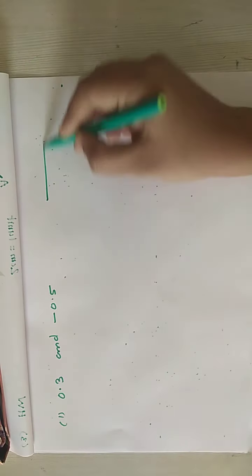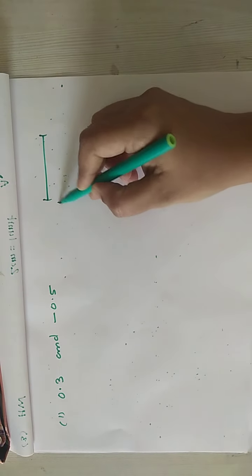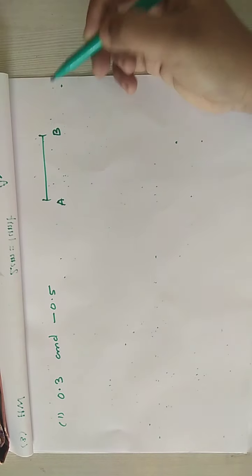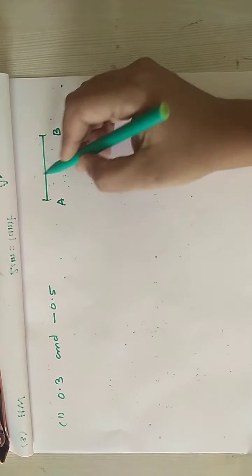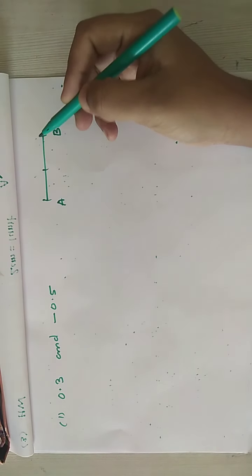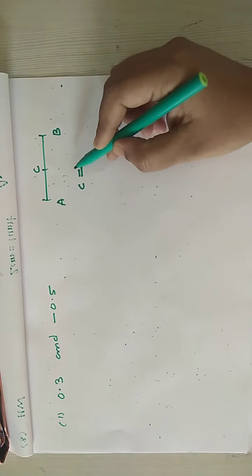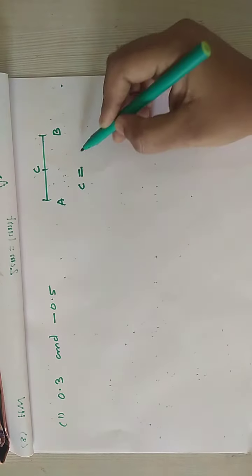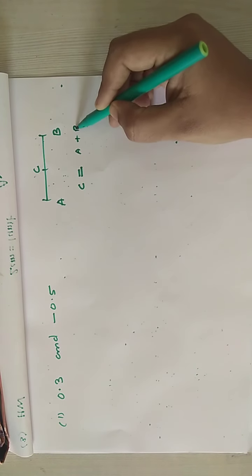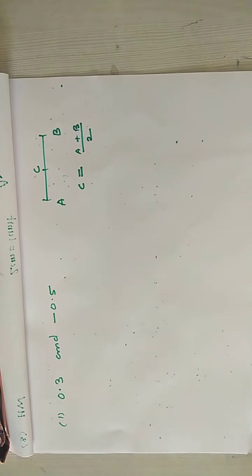Midpoint theorem logic is, if you have 2 points A and B, any 2 points A and B on the number line, and if you want to find the midpoint, say for example the midpoint is C. So to find C, all you have to do is the coordinate of A and the coordinate of B you should add and divide by 2.